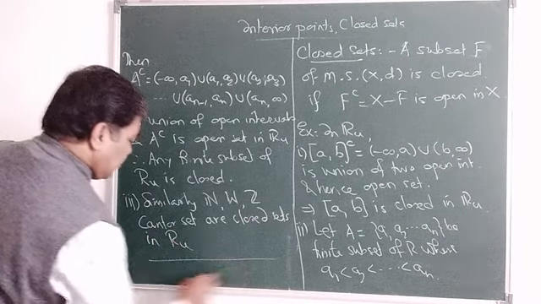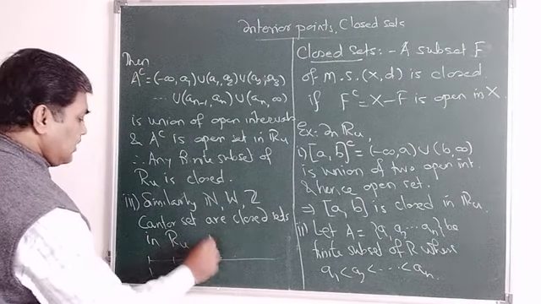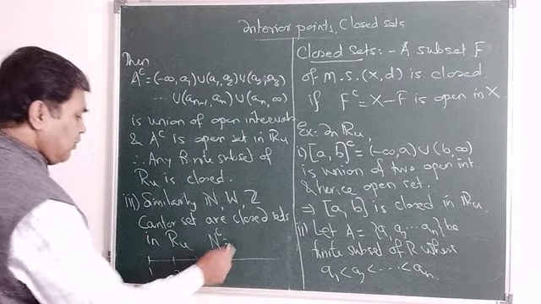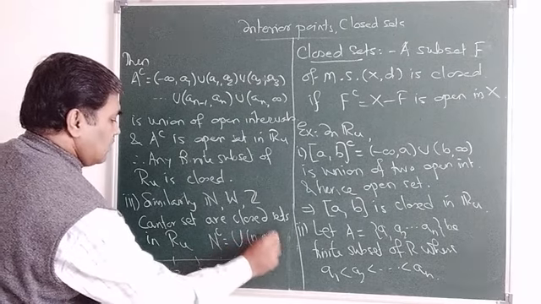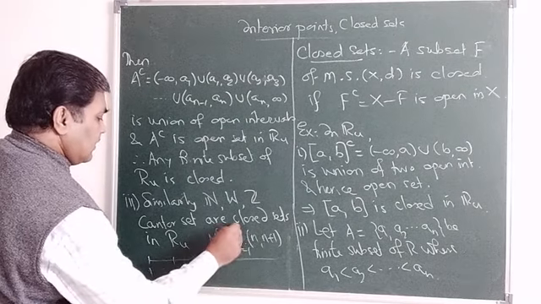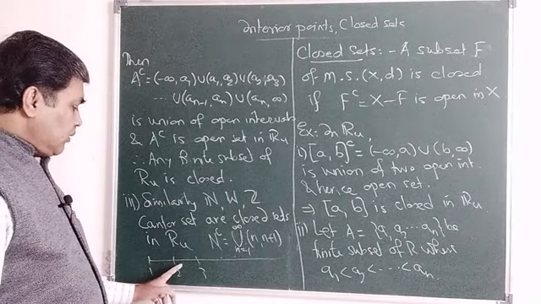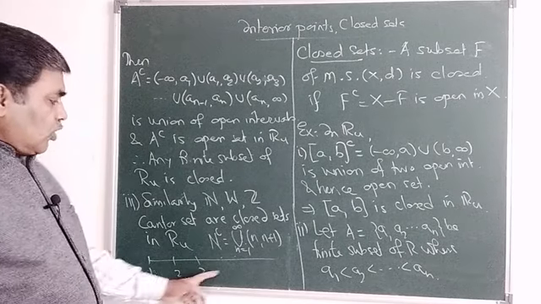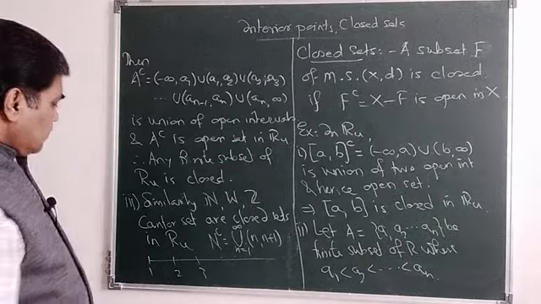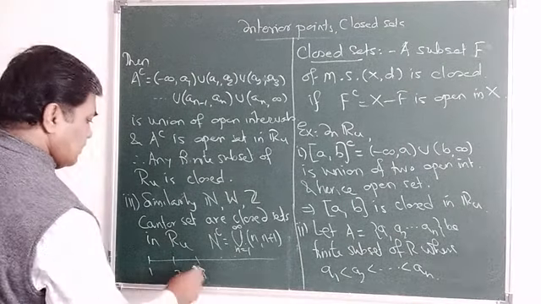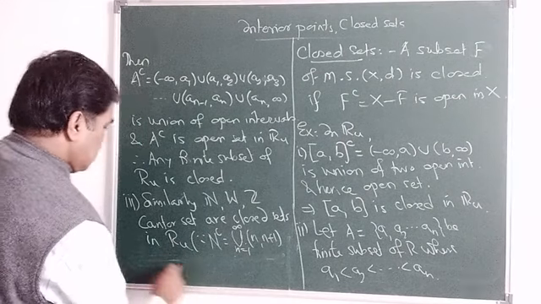Now natural numbers are 1, 2, 3 and so on. What is N complement? N complement is nothing but the union of open intervals (n, n+1) for n equal to 1 to infinity: the open interval (1, 2) union (2, 3) union, and so on, which is open.